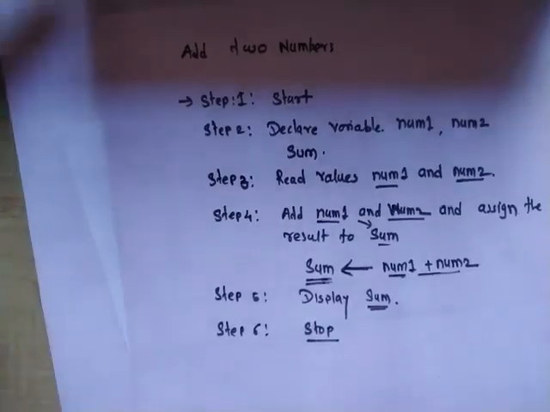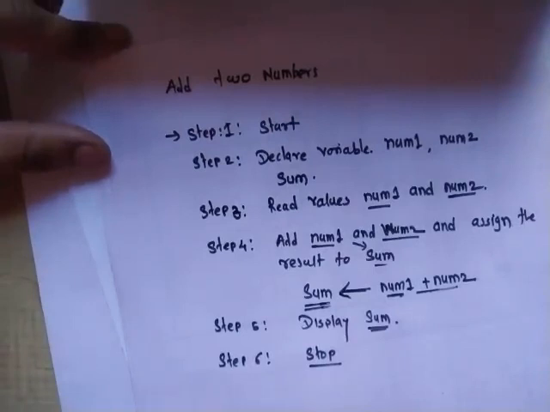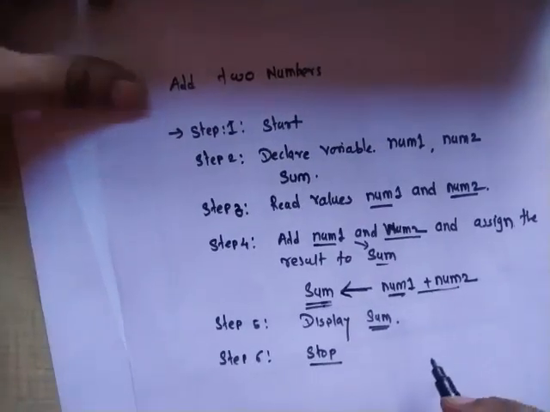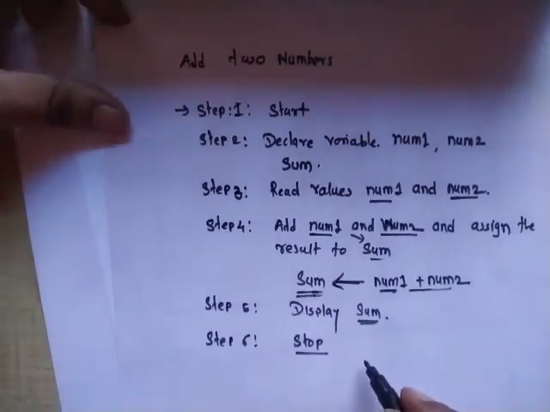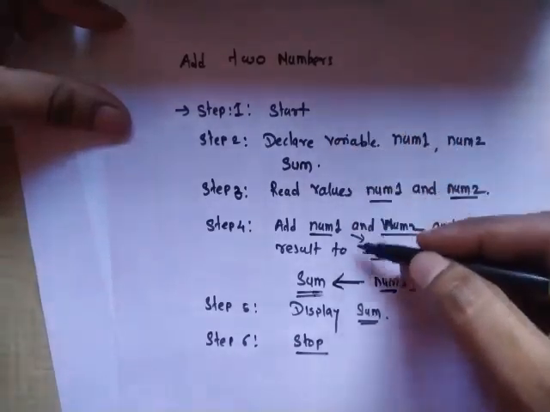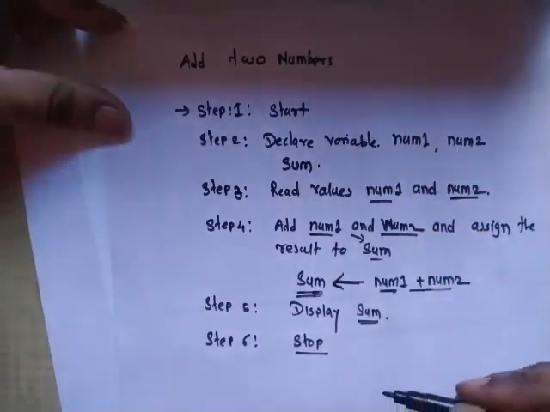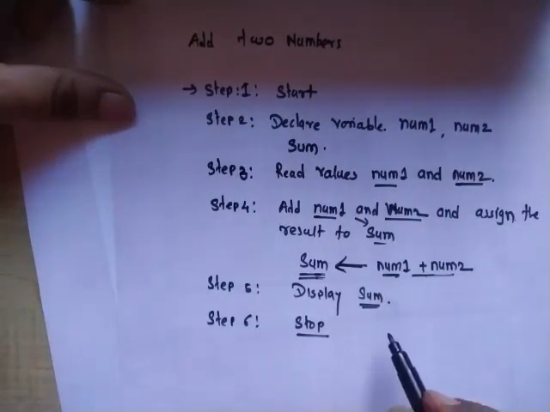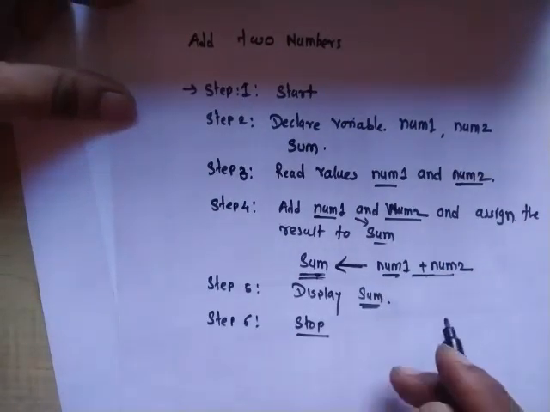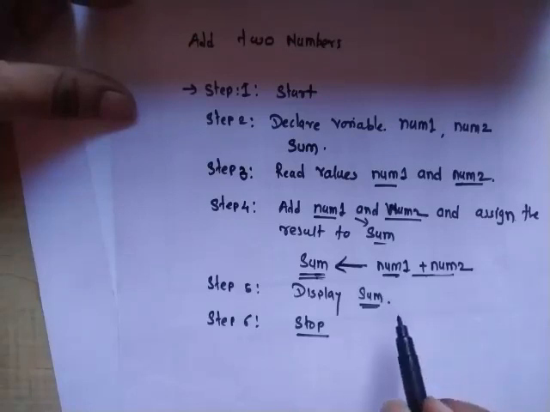So in this way, we write a finite set of well-defined instructions in a sequence, one after the other, to solve a problem. So this is an algorithm to find the addition of two numbers.